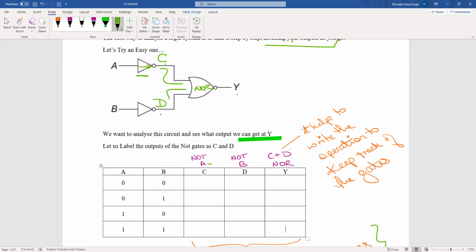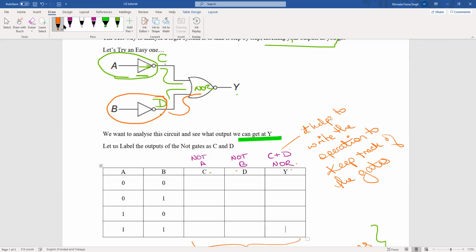You can just jot it down in pencil. So if you look here, C is the NOT of A, D is the NOT of B, and Y is C and D through a NOR gate.